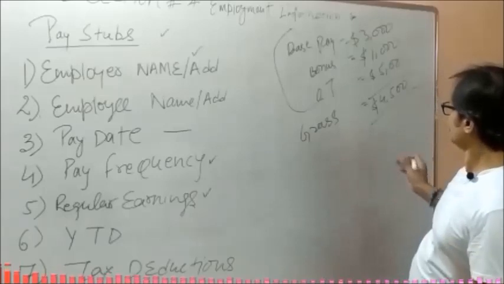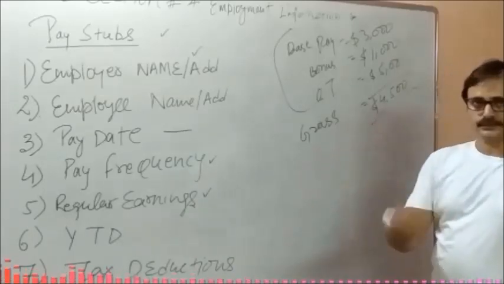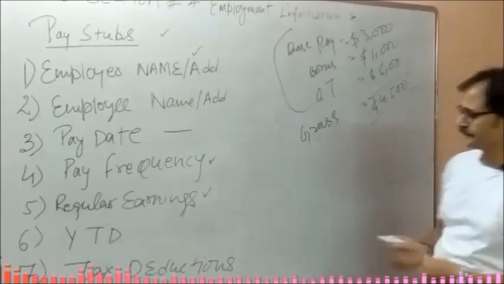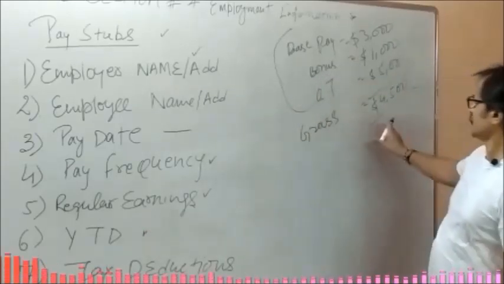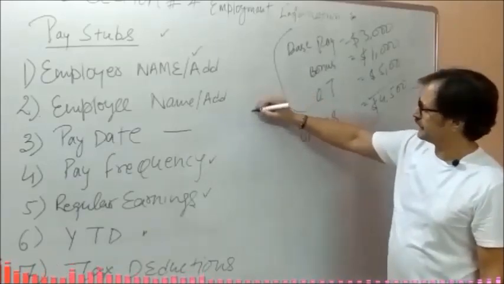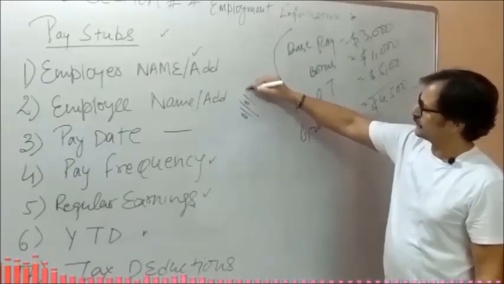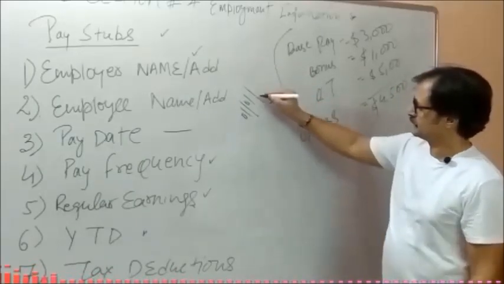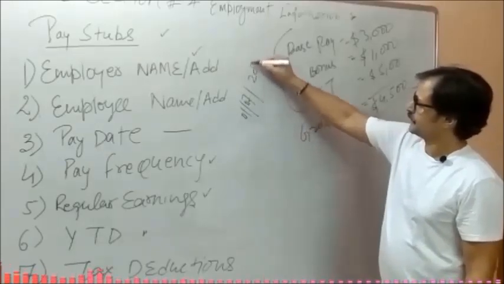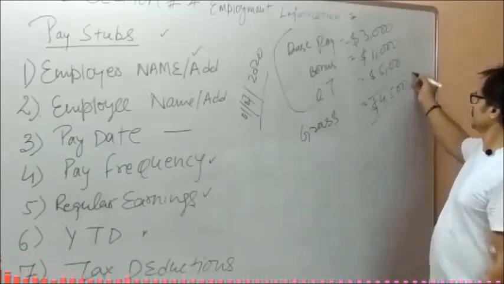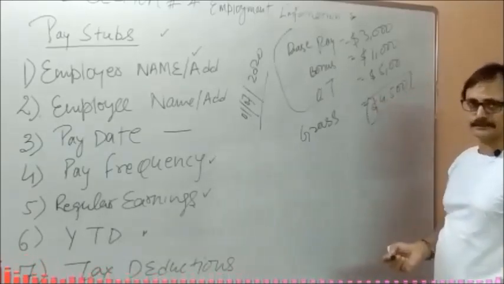Why am I telling you how to determine the gross income? You will get to know why I told you this. So now this is the gross income. Next is YTD income, and this gross income is for that period. Like the pay period is 1/7/2020, so if I say it's a weekly income, this is how much he made this week.